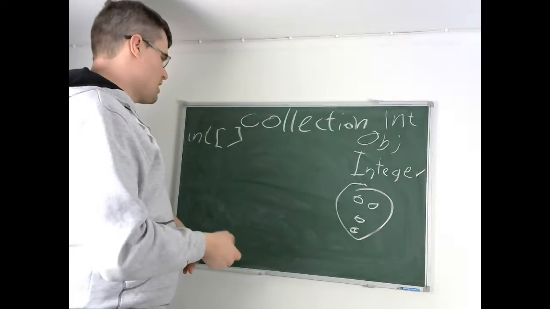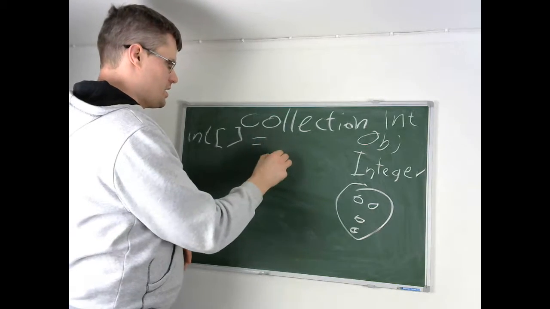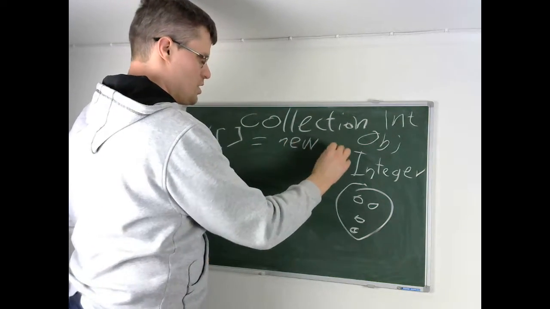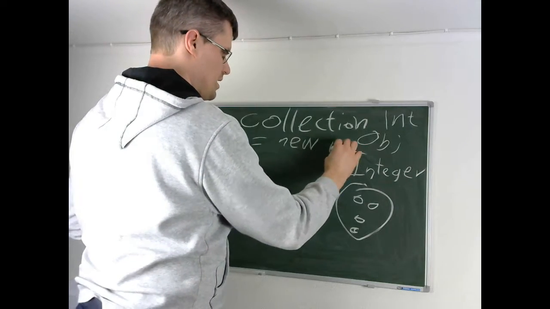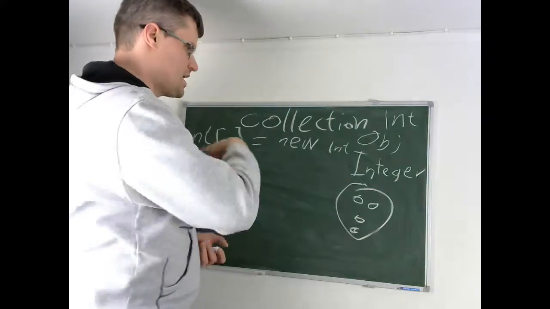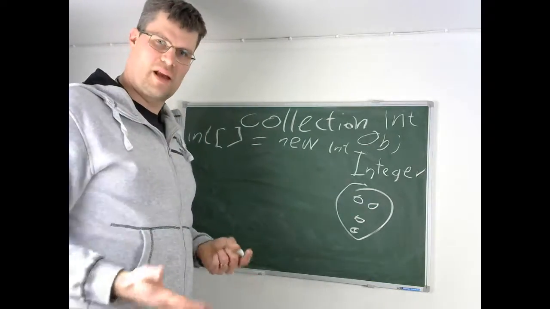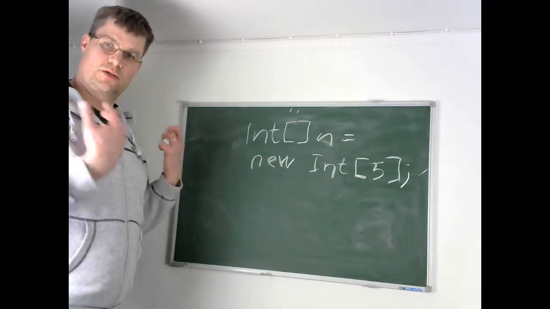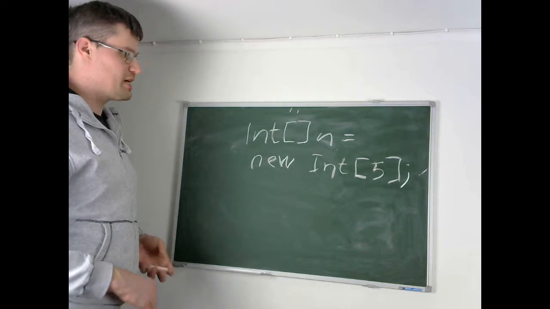And to create some of these, we could just give this a new, and again int, and then brackets with a number in it. So we tell the system how many of these ints we got.